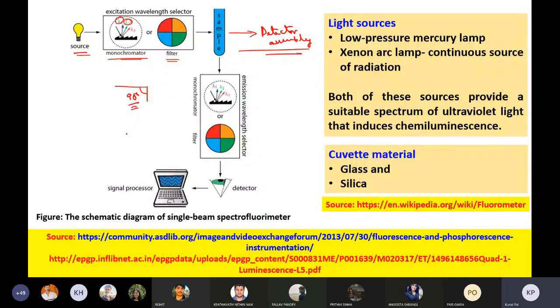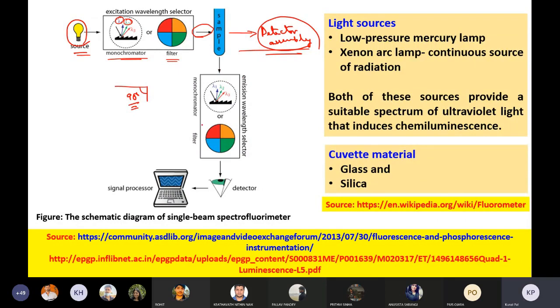Okay, this is because if you want to detect the spectrum in line with the source, you will also be getting the information about the source radiation. Okay, but we do not want that to happen. We just want whatever light is being emitted by the sample during the emission process.